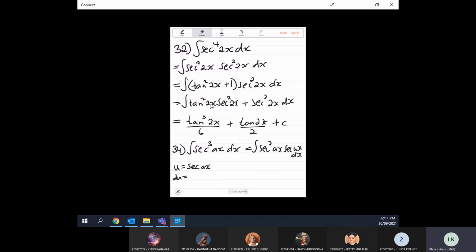So if I just write this nicely, we have a sec ax tan ax dx, and then our dv is going to be sec squared ax dx here.